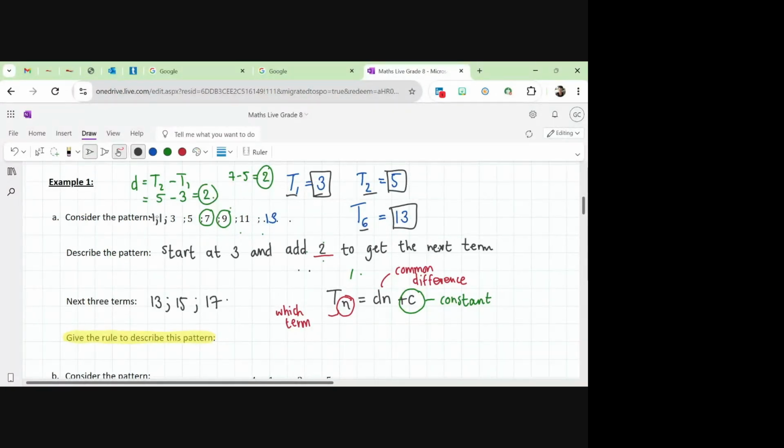I'm still adding 2 to get from one term to the next. So to make sure that I start my pattern at exactly 3, I will add a constant, so that my first term is always the first number that we see in our example. And here's how we're going to find that constant.